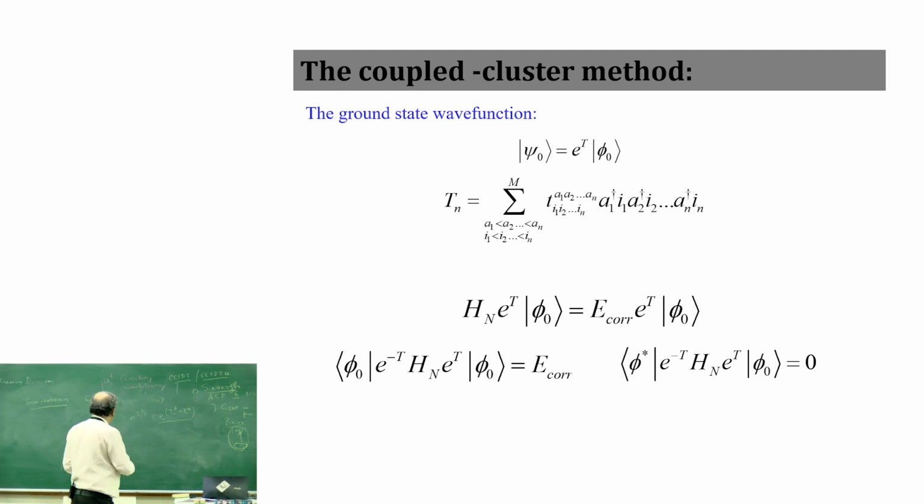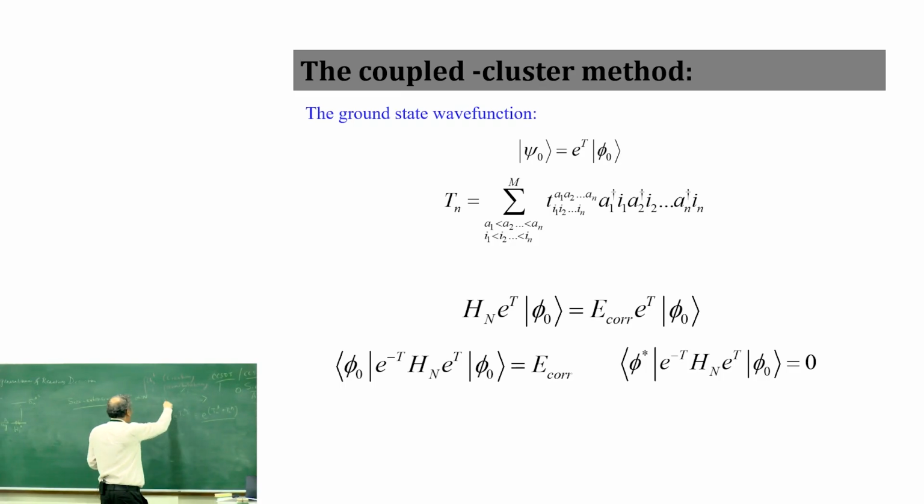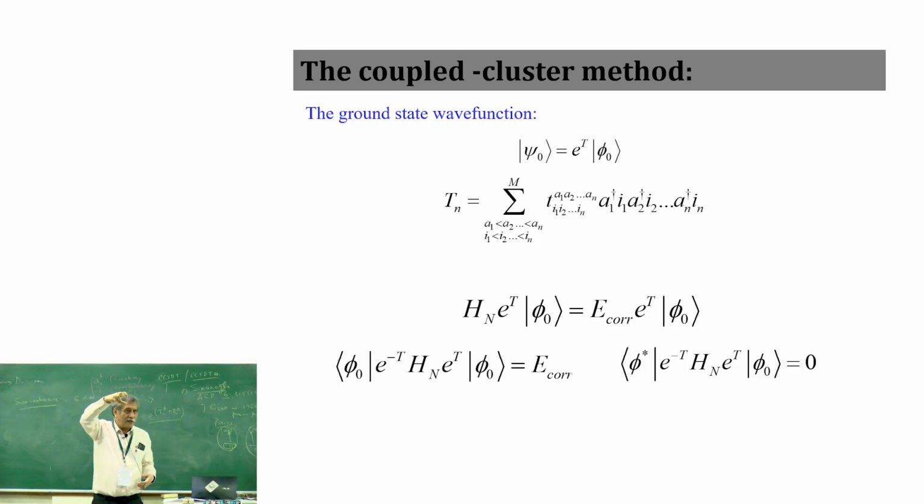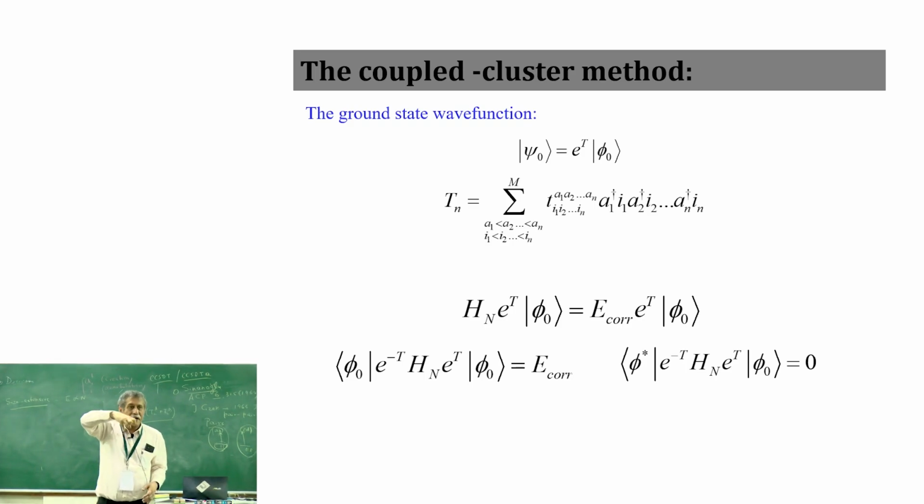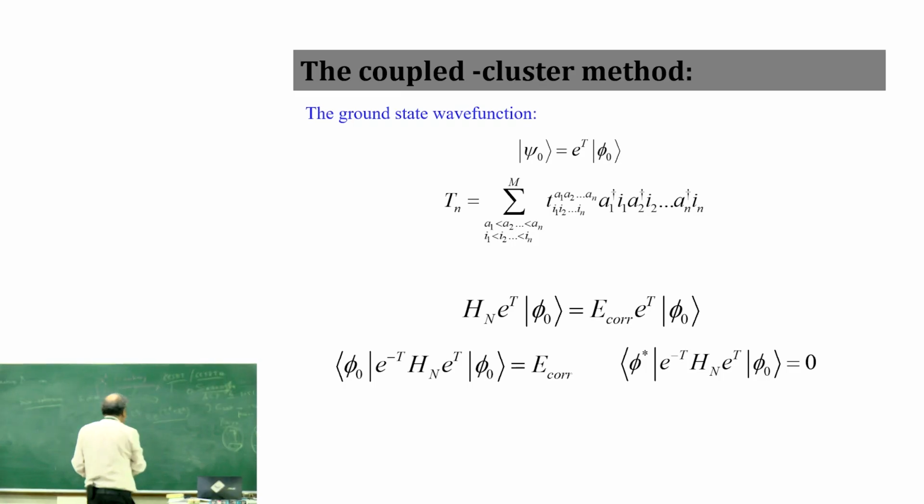It doesn't mean there is nothing else, there may be n to the power half, n to the power 1/3, but the dominant part is just n to the power 1 times some constant. So the energy changes like that. For a large system, this is correct. If you look at the correlation energy per particle, you will get some value. That is called size extensive, and coupled cluster satisfies this, quite clearly, because of the exponential nature. One can show this.